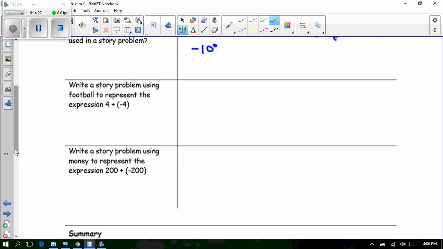Write a story problem using football to represent the expression 4 plus -4, right? So I'm going to say the U of M football team ran 4 yards.